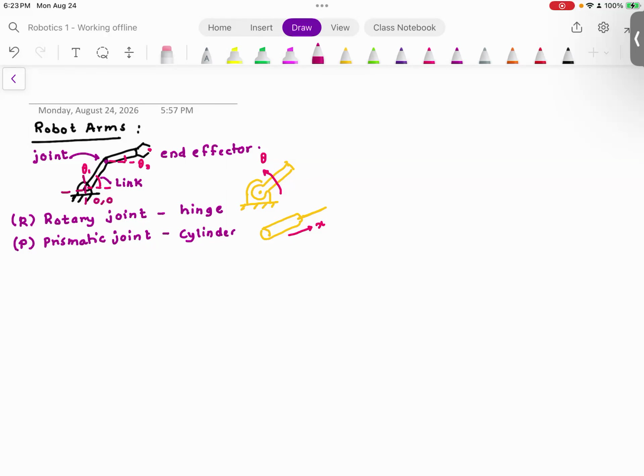So forward kinematics is: given the joint angles, find the position of the end effector.